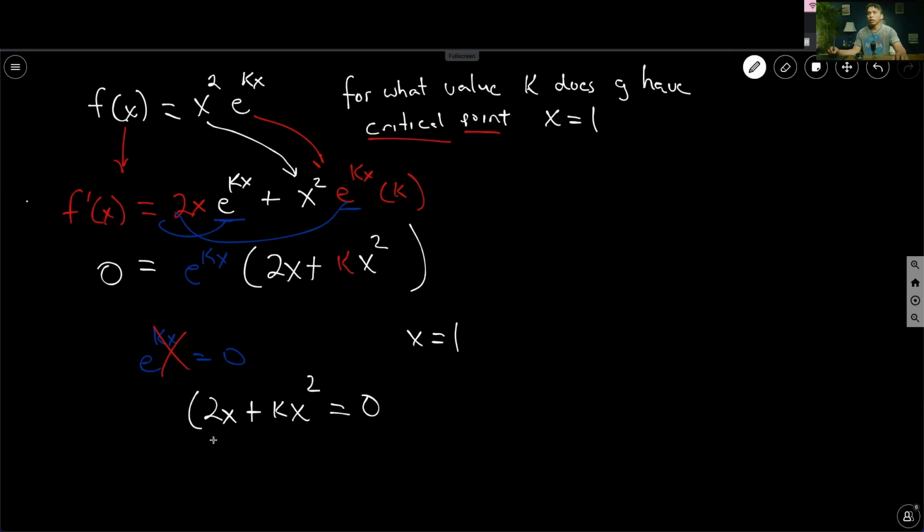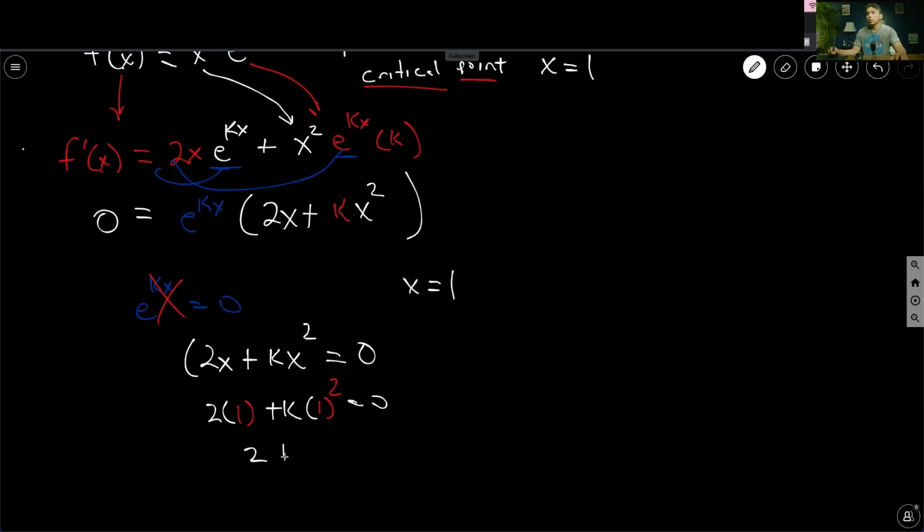So let's plug in 1. Now we have 2 times 1 plus k times 1 squared is equal to 0. This leaves us 2 plus 1k equal to 0. We move the 2 to the other side, and this gives us k is equal to -2.